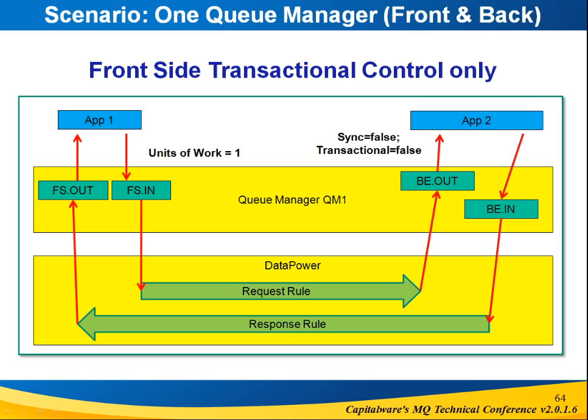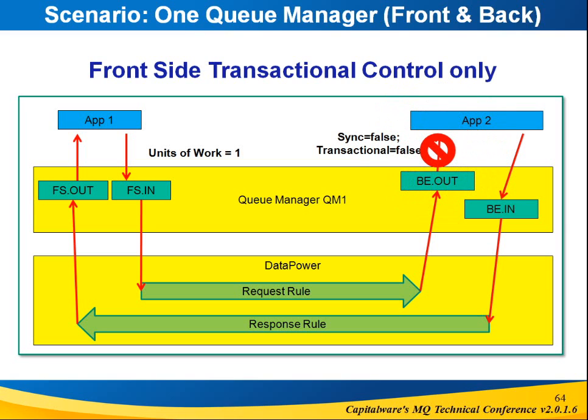So the fact that the back end has put the message onto be.out is immaterial at this point. Nothing can happen to that message until a commit is done. And a commit will not be done because the request rule is waiting for a successful completion of the back end handler to do the commit. And it won't get that because it is still an outstanding transaction.